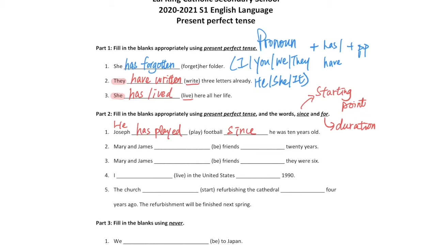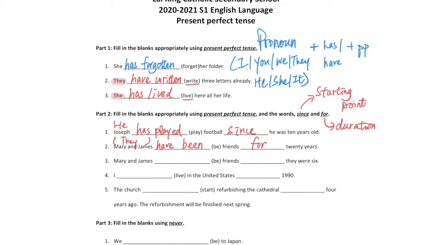Alright, time is up. Question 2. Mary and James. So they are the pronoun they, have. Alright. Mary and James have been friends for 20 years. This is how long they have been friends. So they have been friends for 20 years, right?